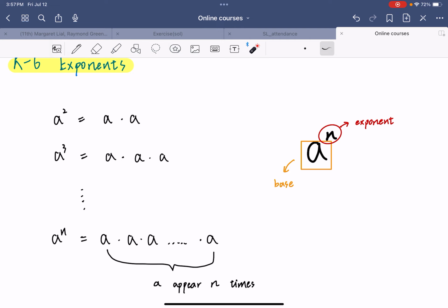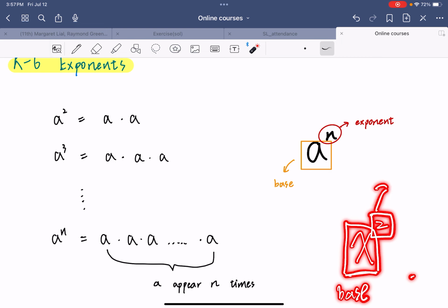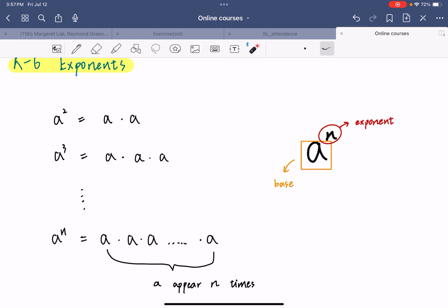Okay, so next time when you hear someone ask, what's the base of x squared, you can tell them, it's x, this part is the base, and this is the exponent.